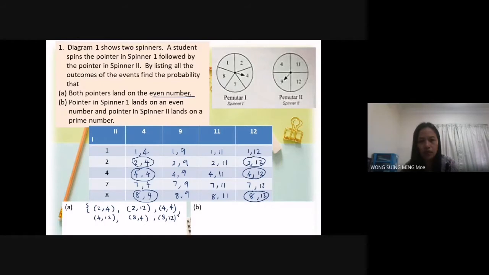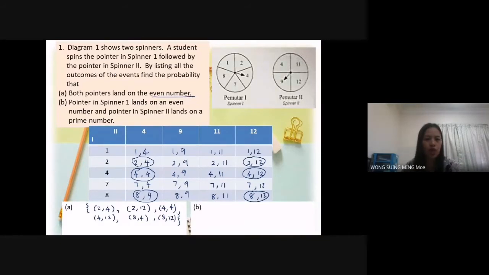Okay, so when you list out all the possible outcomes, you need to write in set notation. So use this bracket. After you list out, only then you find the probability.